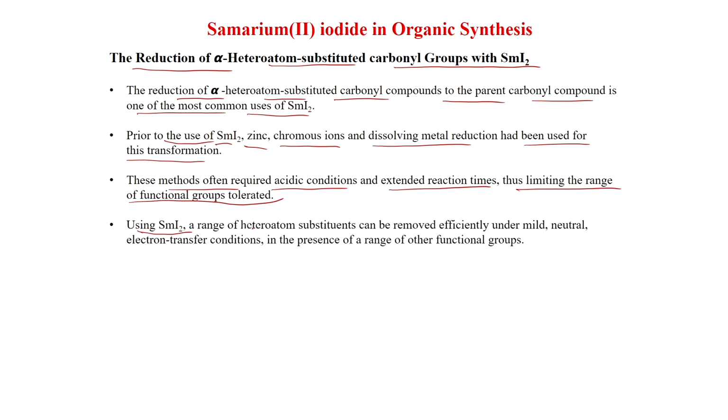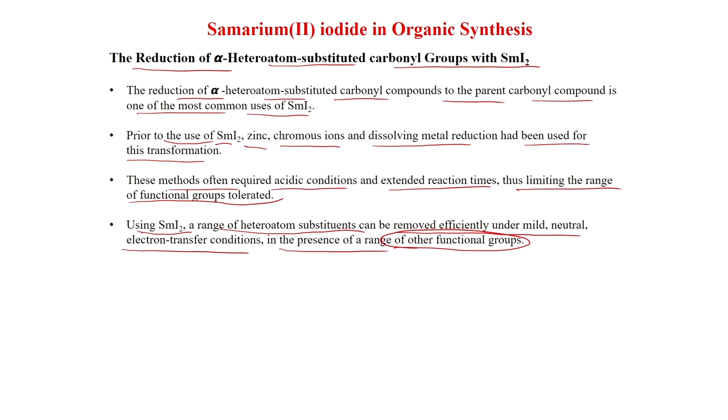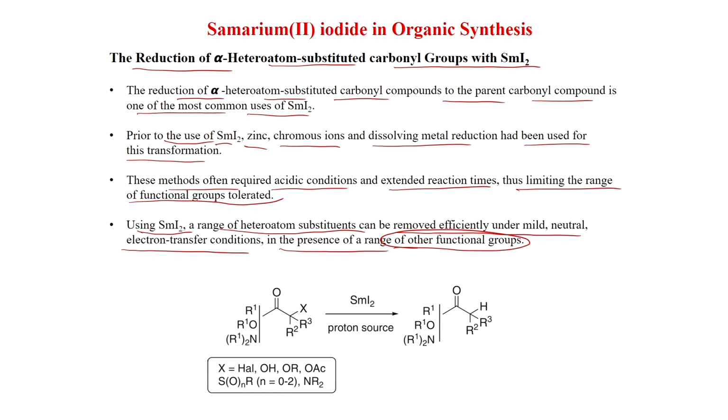However, using samarium iodide, a range of heteroatom substituents can be removed efficiently under mild, neutral and electron transfer conditions in the presence of a range of other functional groups. So, this is very important. With samarium iodide, you can do this reaction in presence of other functional groups. So, this is very selective, and this process is very fast, that also we will see.